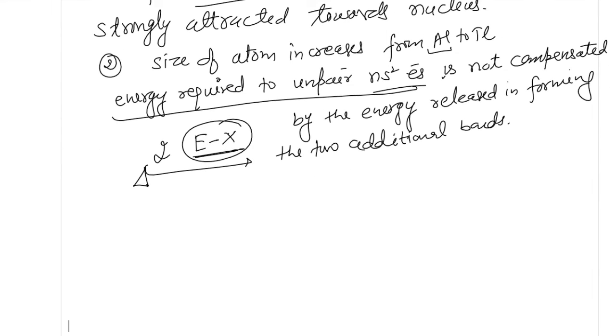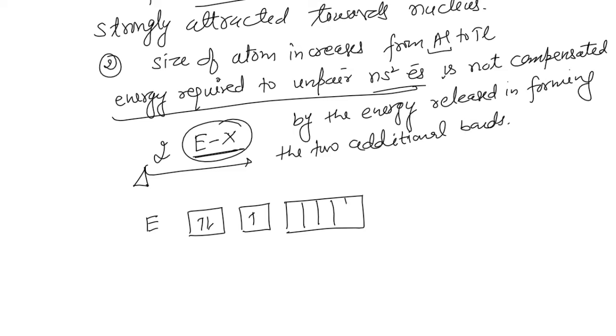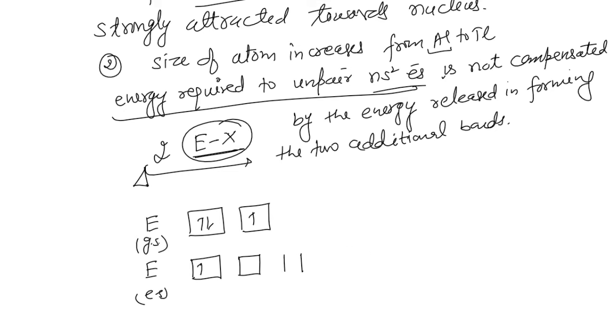See, this is the case: any element of group 13 has ns2 and np1 configuration, and whatever nd is there. Obviously this is the ground state. In the excited state, take ns and np only.